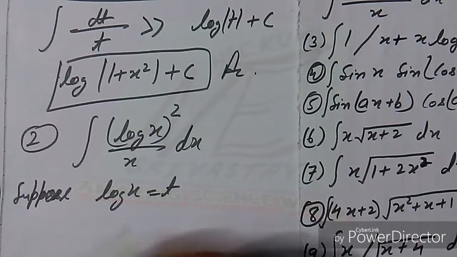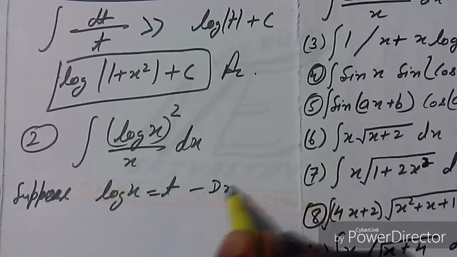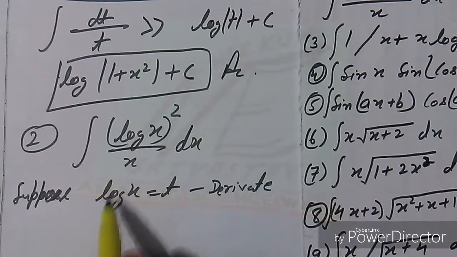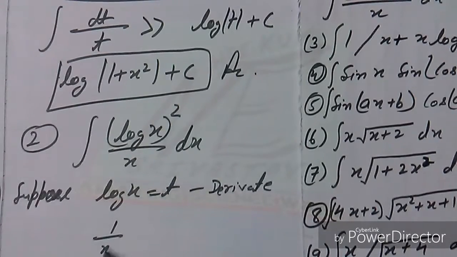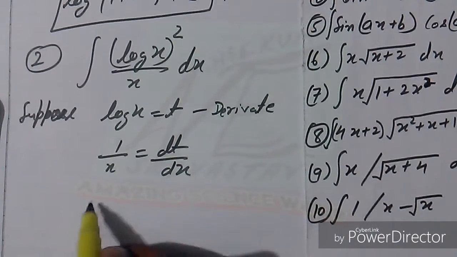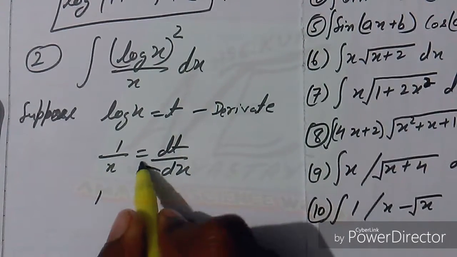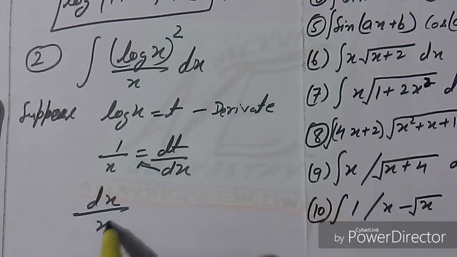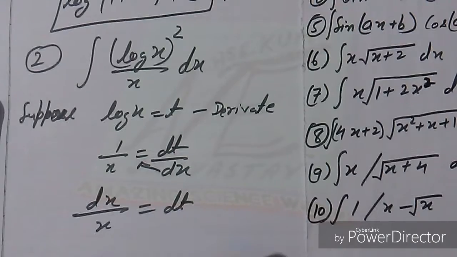Now we start the derivation, derivate it. Then the derivative of log x is 1 by x equal to dt by dx, friends, and we write this as 1 dx multiplied, then dx by x equal to dt.